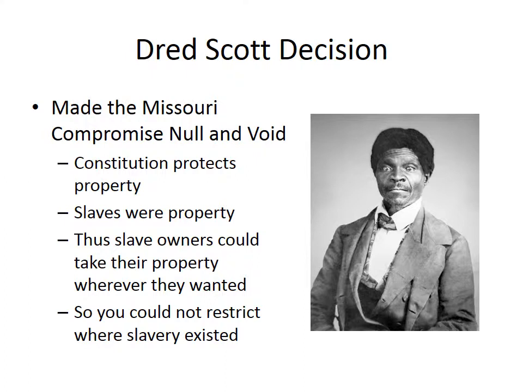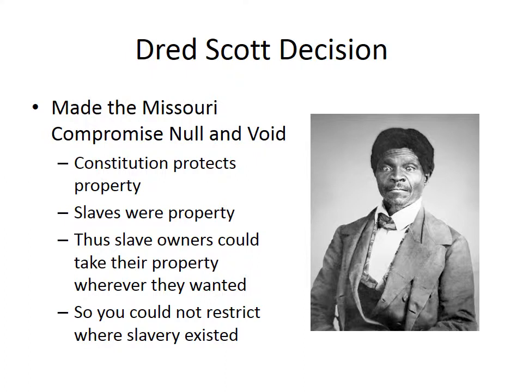The Supreme Court is going to rule against Dred Scott. They're going to say that he is property, so he's not a person, he's a slave and he's property, and the Constitution protects a person's right to property. So you can see that even the judicial branch is getting involved and making rulings, and this decision is going to affect slave and free states, because the Constitution says that you cannot interfere with a person's right to property.